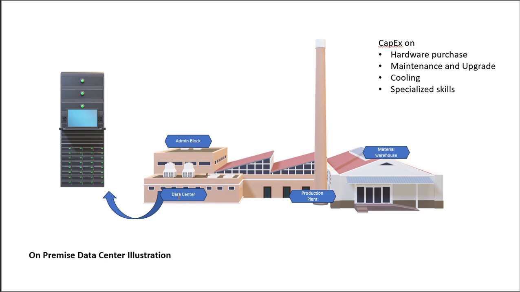This data center block may have one or two rooms which have the racks containing the machines or servers hosting the applications. These machines or data centers are called on premise because they are located on the facilities owned by the enterprise. That's why this is the premises of the enterprise where the data center is located. That's why it is called on premise.